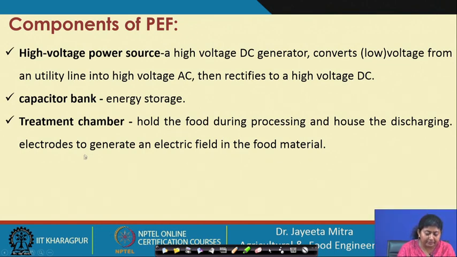Okay. So, the treatment chamber has two roles: it holds the food during the processing and also houses the discharging electrodes that generate the electric field in the food material.